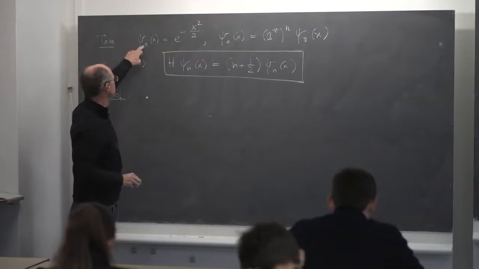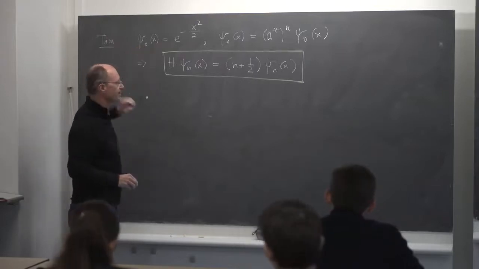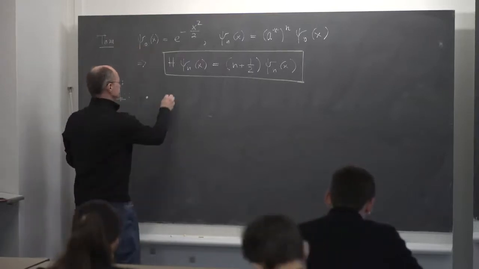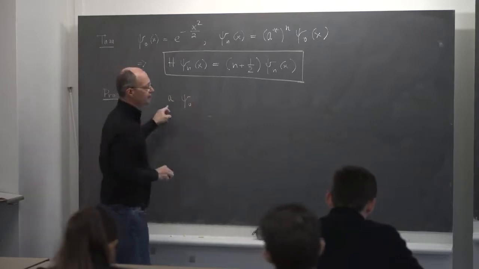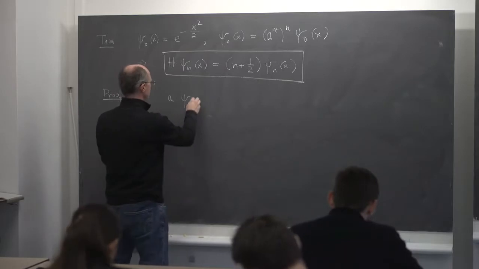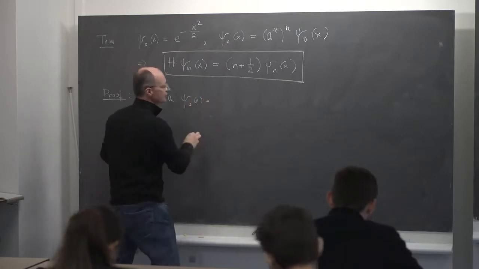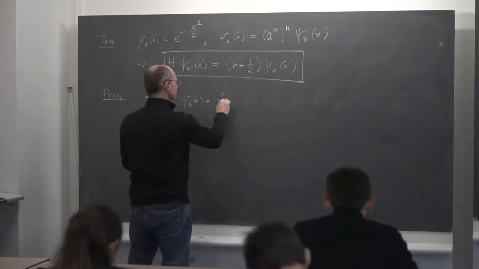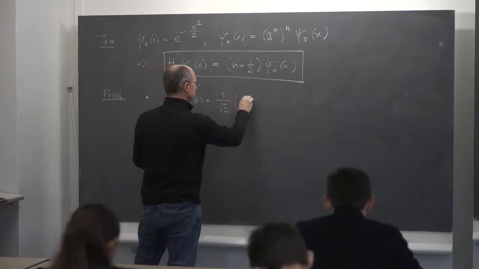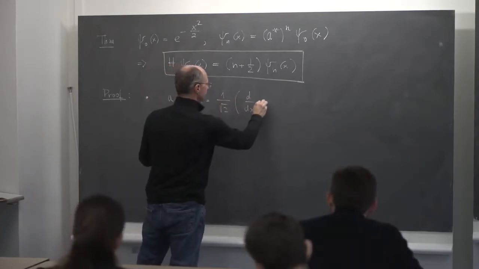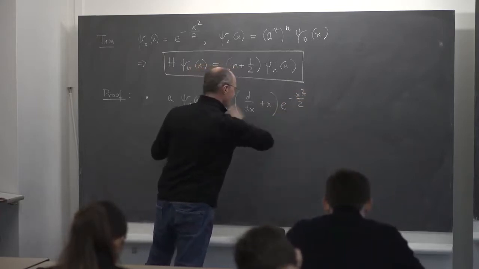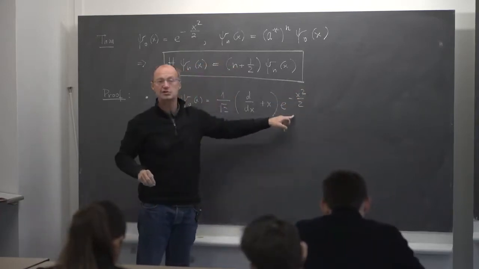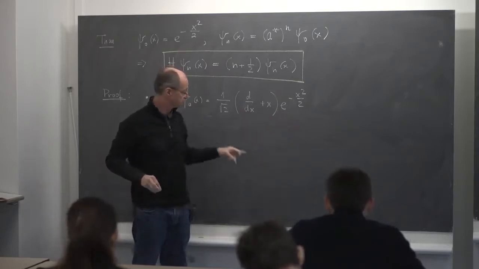First of all, let's deal with this guy. And let's note that A, the operator A acting on psi naught of x. So this is 1 over square root of 2 times d over dx plus x acting on exponential minus x squared over 2.